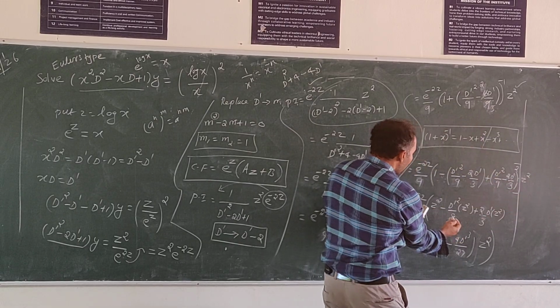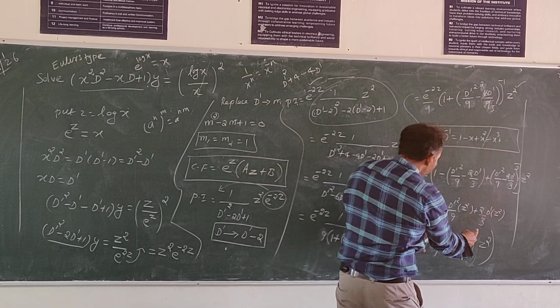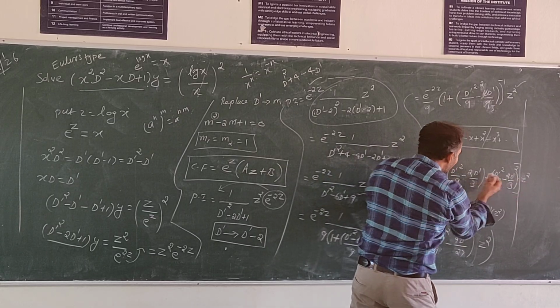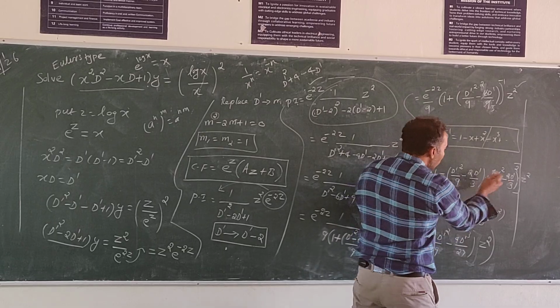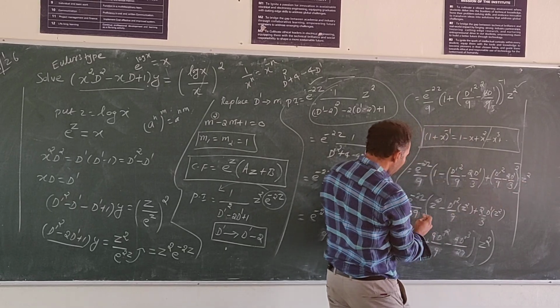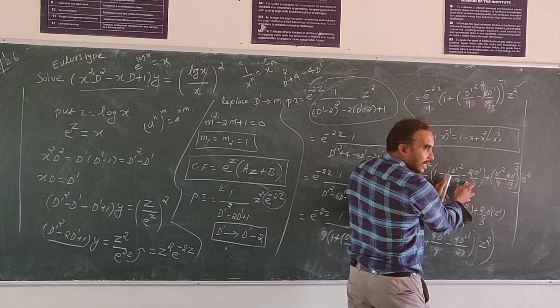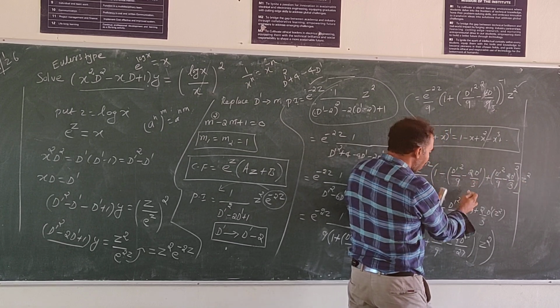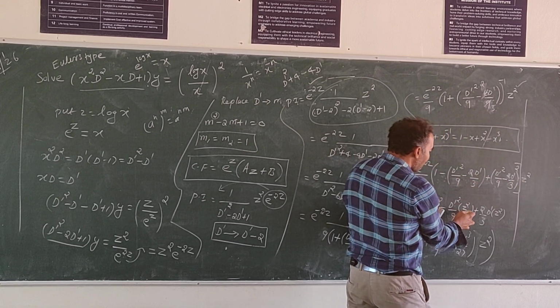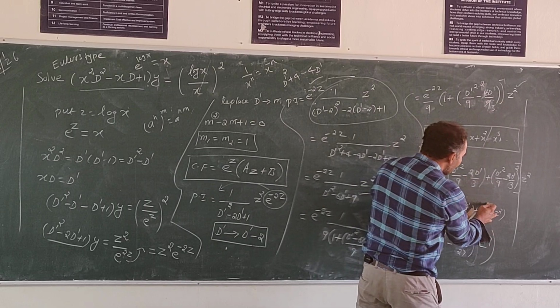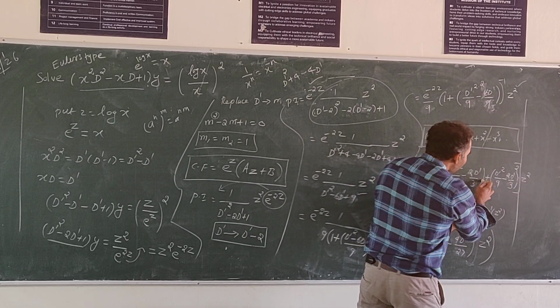After squaring this term, we will get like this. Multiply z squared inside the brackets: 1 into z square. Next, multiply z squared inside the bracket and minus inside the bracket. So minus D' square by 9 z square, minus into minus plus 2 by 3 D' into z square.